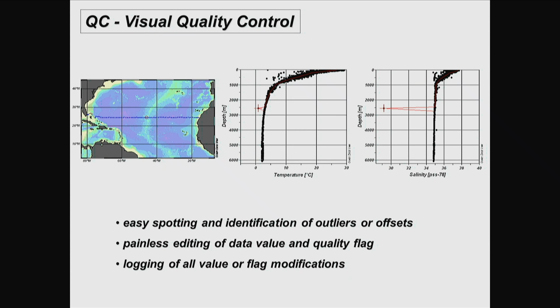Quality control. Within the projects, typically then the regional leaders get the data for their domain, like Mediterranean, Atlantic, and so on. And then they do quality control, because quality control is a really painful experience.